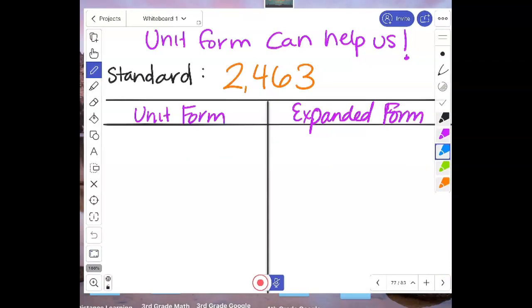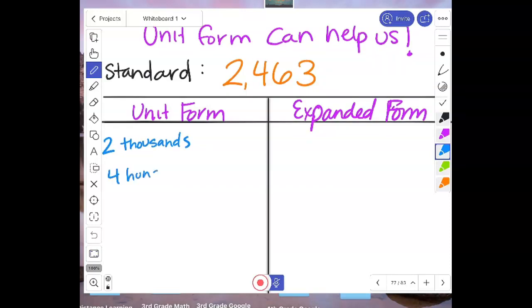Let's do another. Okay, so I've got to write this in unit form. So I've got 2 thousands, 4 hundreds, 6 tens, and 3 ones. So what is 2 thousands worth? It's worth 2,000.